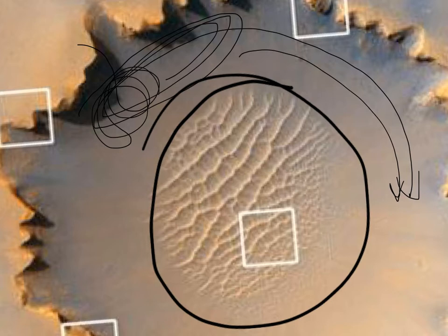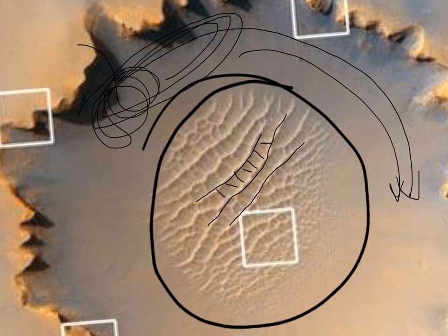You can see that we've got some dune fronts that appear to be along this direction, but we've got others that are at kind of right angles.